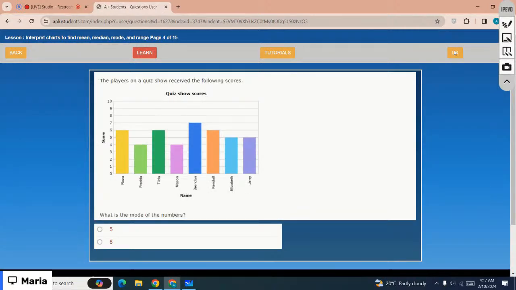The players on a quiz show received the following scores. What is the mode of the numbers? So which is the correct option?